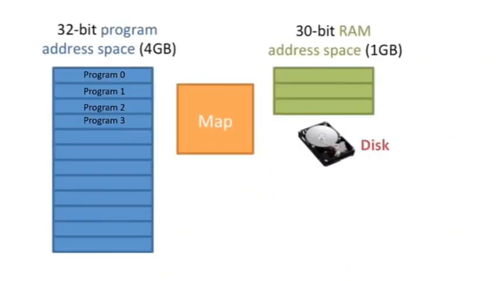Next, this is with virtual memory. Same as before, with a 30-bit program address space with 4 GB and a 30-bit RAM address space with 1 GB. So the program address space tries to load program 0 to map, and map says program 0 is right here.